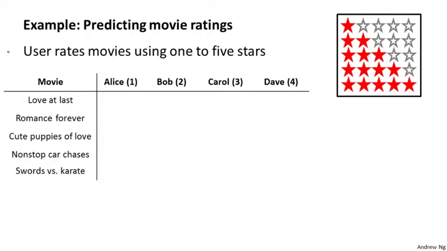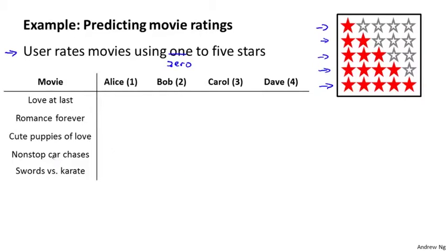Let's say you let your users rate different movies using a 1 to 5 star rating. In order to make this example just a little bit nicer, I'm going to allow 0 to 5 stars as well, because that just makes some of the math come out nicer, although most of these websites use a 1 to 5 star scale.